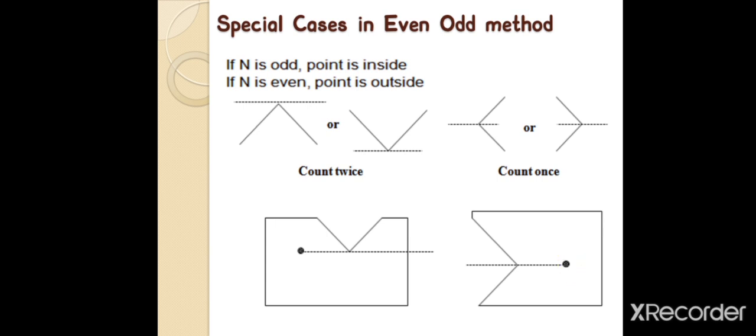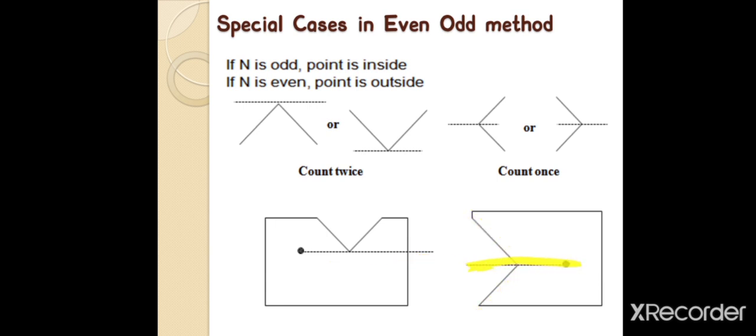So this is the way in which we can handle the special cases. If the edges of the polygon boundary have an intersection at a vertex point, then only do we have to check whether the edges of this polygon boundary are on the same side of this given intersection line or on the opposite side.